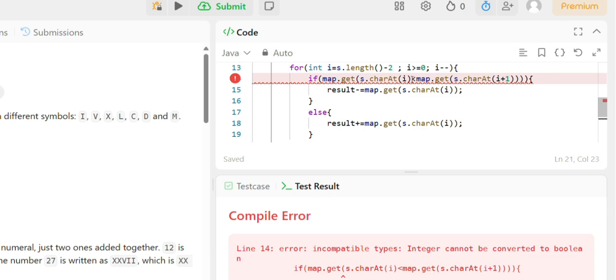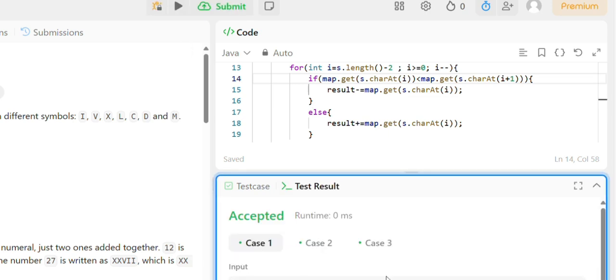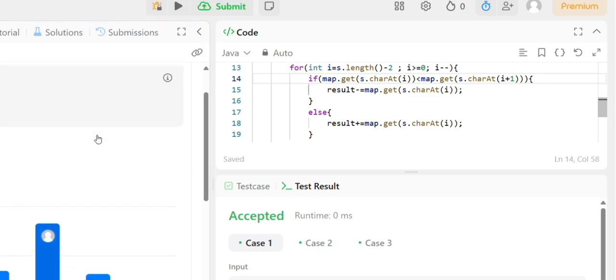Sorry, I did not close the brackets. Okay, now I think I can run. Yes, all test cases have passed, and let us submit in case there are any hidden test cases. Yes, there are no hidden cases and it passed.